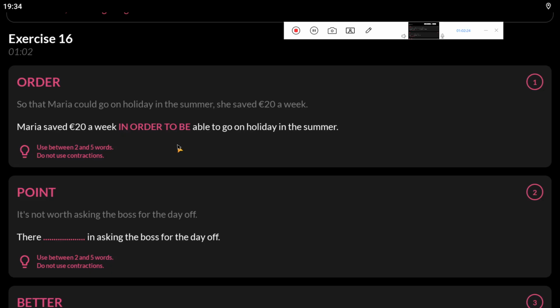Okay, so what do you think it could be the answer here? This is one more time the expression there is no point in, right? No tiene caso. There is no point in.